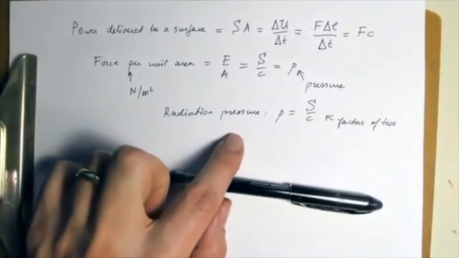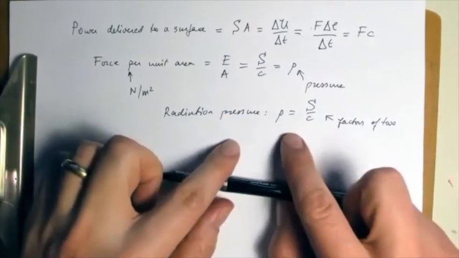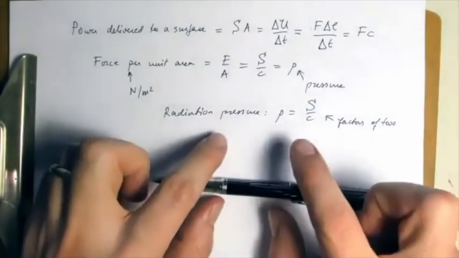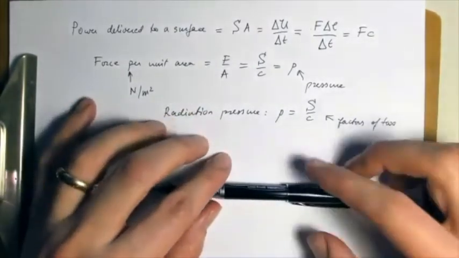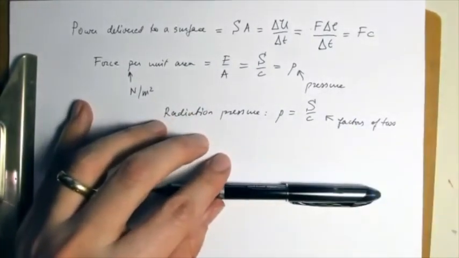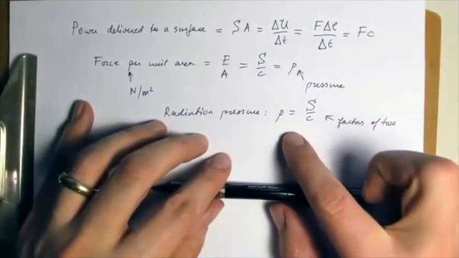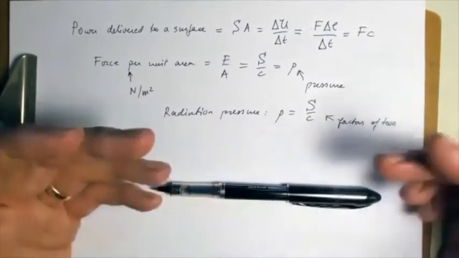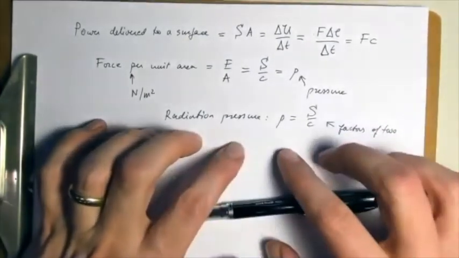If you are standing here on the surface of Earth and you're facing the sun, there is electromagnetic radiation coming at you, and it is hitting the part of your body that is facing the sun. And the sun carries a lot of energy. You can feel it because that part of the body gets hot.